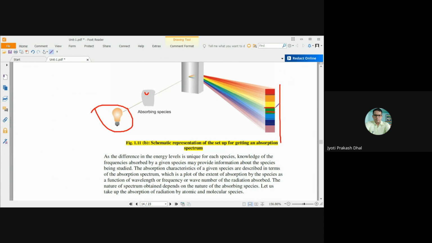Black lines mean that radiation of these particular frequencies is missing from the spectrum. That is why this is called a discontinuous spectrum.